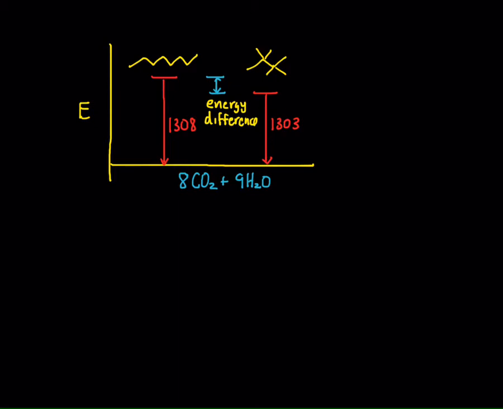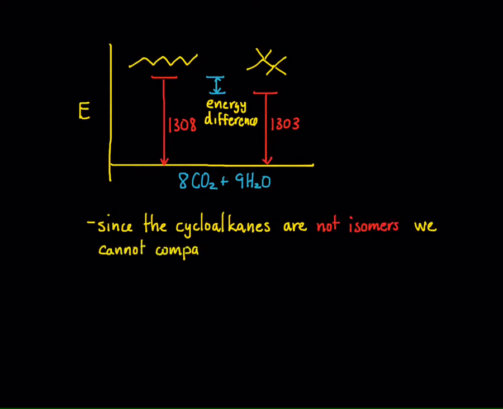So how does this relate to cycloalkanes? Well, cycloalkanes are not isomers of one another, so we can't compare directly the heat of combustion of cycloalkanes. But just like we saw with the heat of formation values, we can do the same thing for the heat of combustion values.